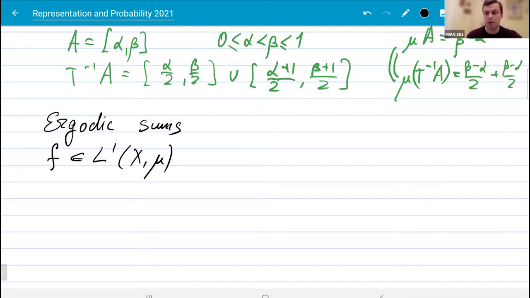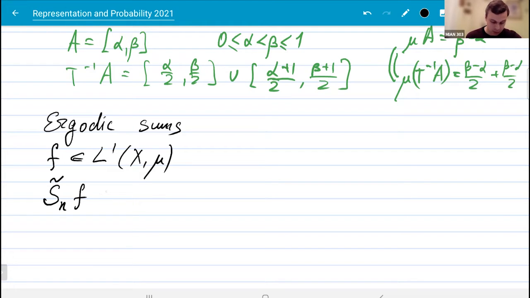So you have an integrable function, or at least just a measurable one, it doesn't matter now. Then we can construct a new function, or even a sequence of functions.